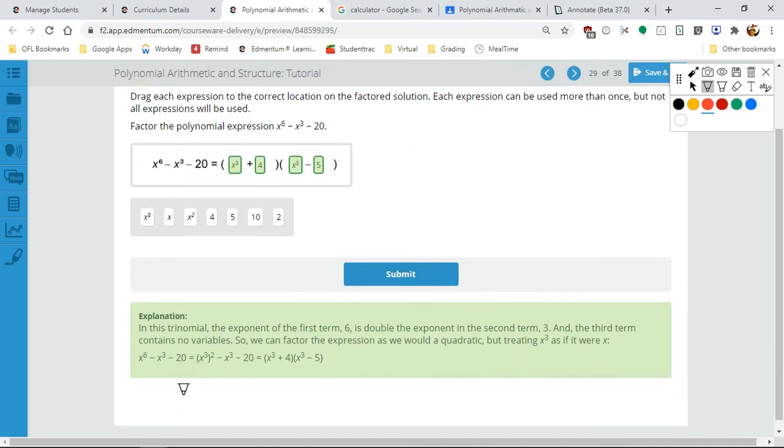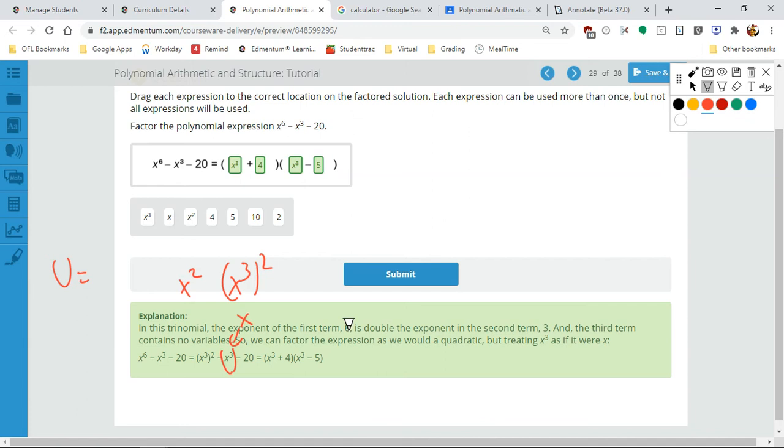You can kind of look at it here, what they're doing. They're treating this as an x squared, but instead of just having an x, they're doing this x cubed, and they're squaring it. And this right here is basically like pretending to be an x. So when I took Algebra 2, they called this U substitution.